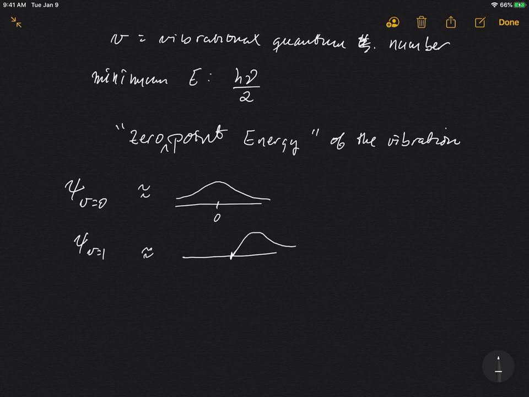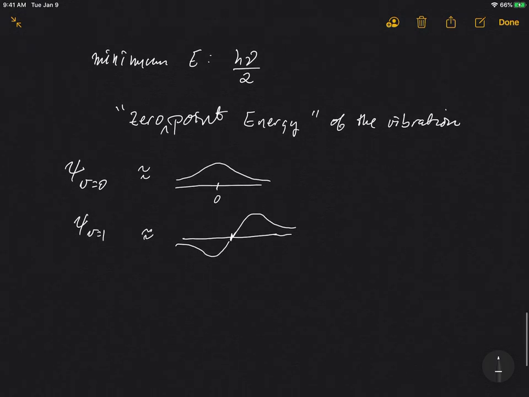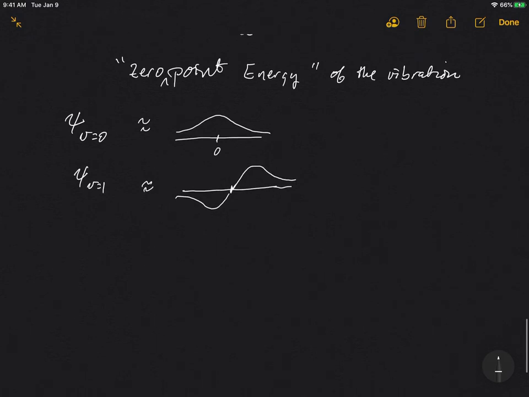And then, of course, at larger x's, it eventually decays exponentially, just like in the other case. You end up with this somewhat symmetric function, but flipped about the psi equals 0 axis, that has a negative lobe and a positive lobe. And our v equals 2 is going to have 2 nodes.